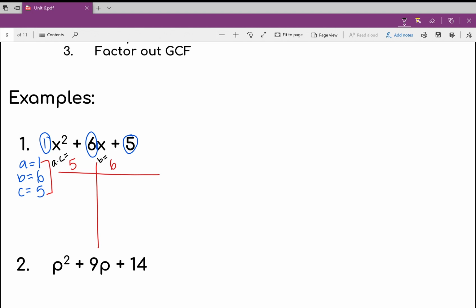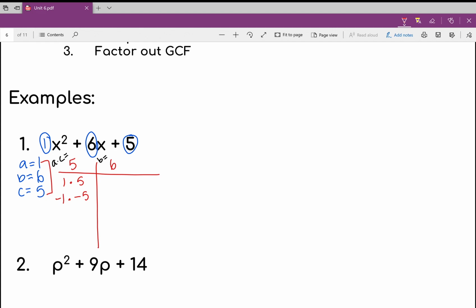In the first column, we're going to find all the numbers that multiply to 5. So 1 times 5 multiplies to 5, and negative 1 times negative 5 multiplies to 5, because remember, a negative times a negative is a positive.